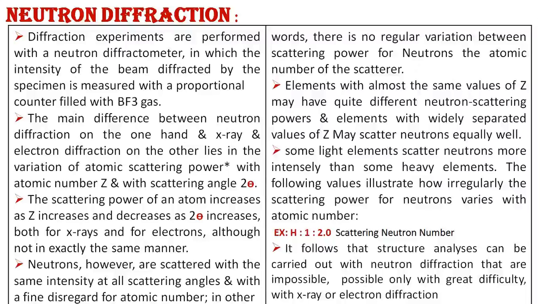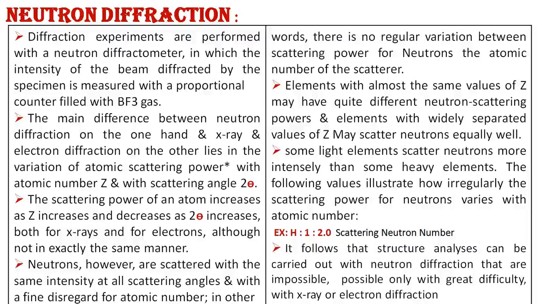Next one, the diffraction experiments are performed with a neutron diffractometer, in which the intensity of the beam diffracted by the specimen is measured with a proportional counter filled with BF3 gas. The main difference between neutron diffraction on the one hand and X-ray and electron diffraction on the other lies in the variation of atomic scattering power with atomic number Z and with the scattering angle 2 theta.